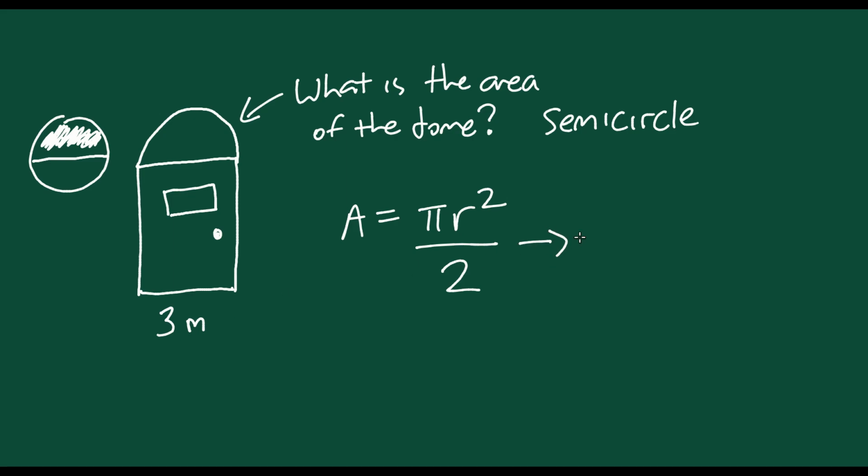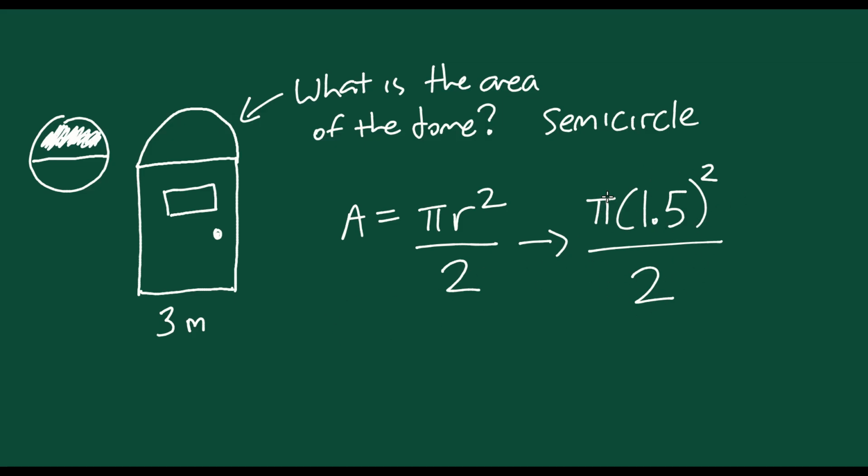So our area is going to be pi times 1.5 squared, over 2. At this point you could use a calculator.